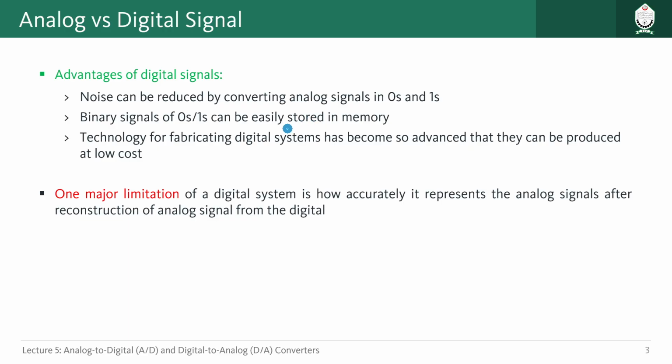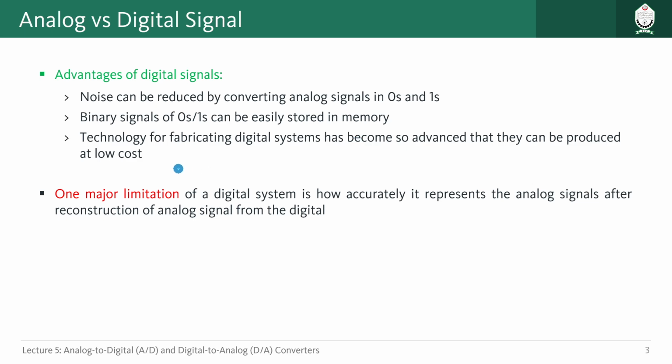Another thing I discussed earlier, it can be easily stored in memory, because the number of possible states is reduced compared to the continuous time and continuous amplitude version of the signal.